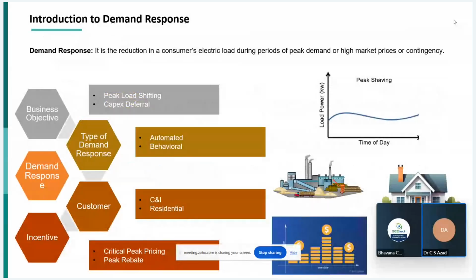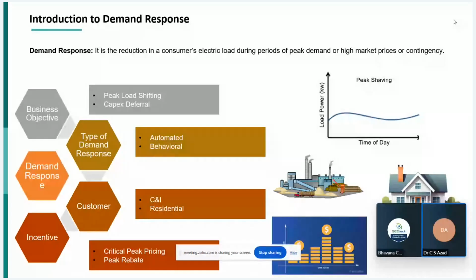Coming to demand response. This demand response is quite an interesting topic nowadays. That may be automated or that may be behavioral.